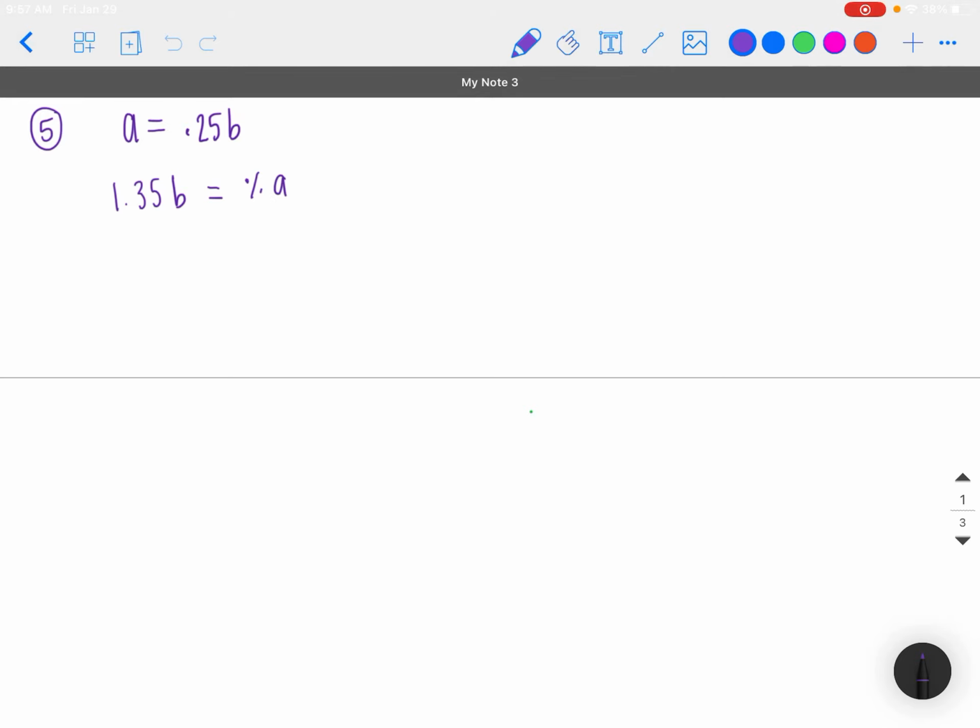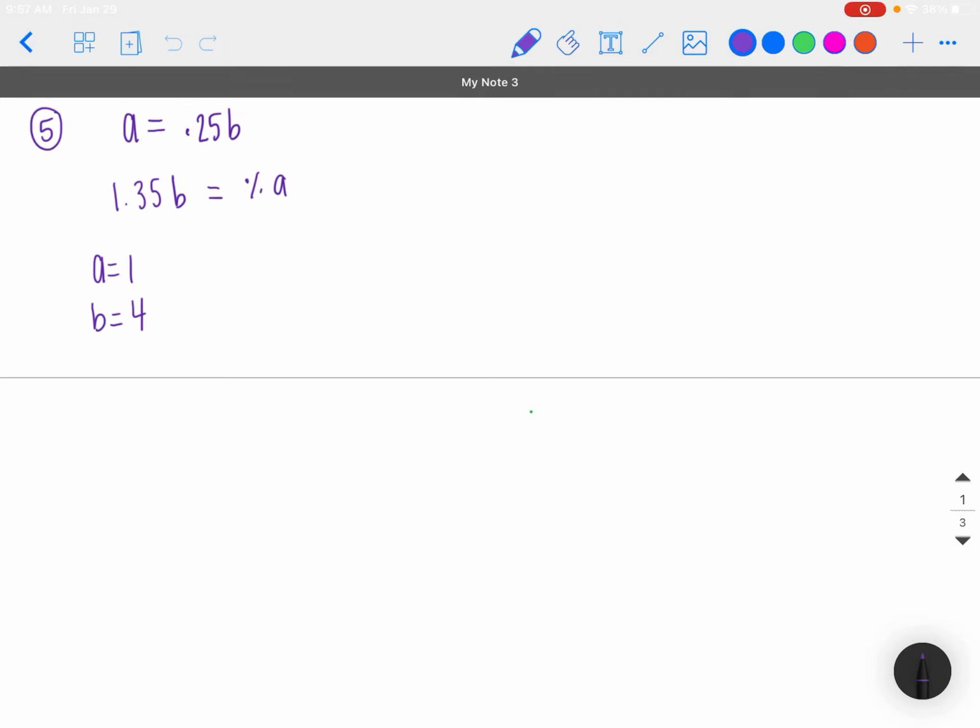All right. So, couple things you could do here. Questions like this where it just seems really wordy, I like to pick numbers to plug in and just kind of figure that out. So, let's say that A is 1. So if A is 1, I'm just making this up, then B would have to be 4. Because 1 is 25% of 4.